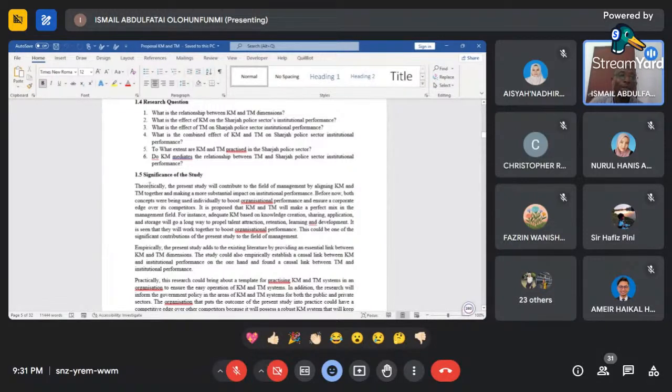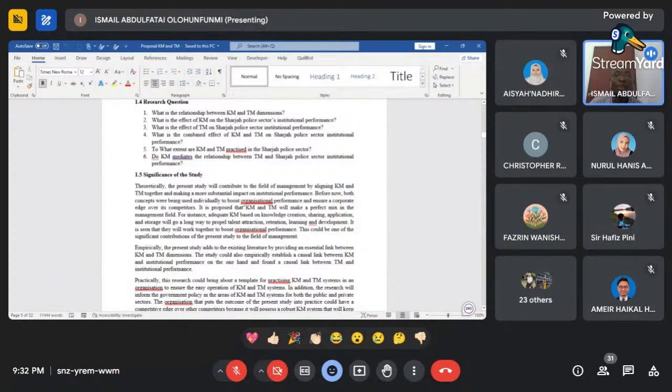He said, theoretically, the present study will contribute to the field of management by aligning knowledge management and talent management together and making a more substantial impact on institutional performance. Before now, both concepts are being used individually to boost organizational performance and ensure a corporate edge over its competitors.